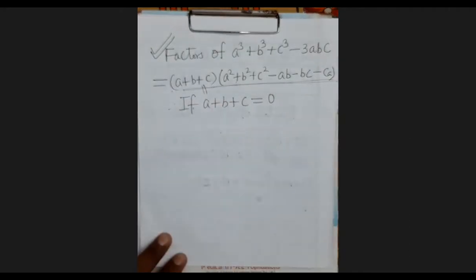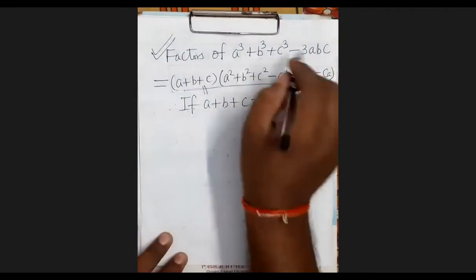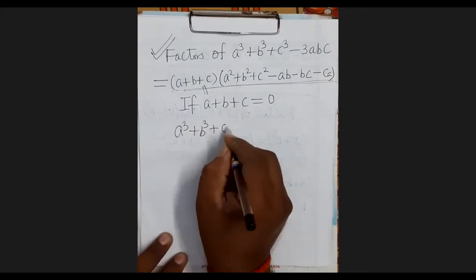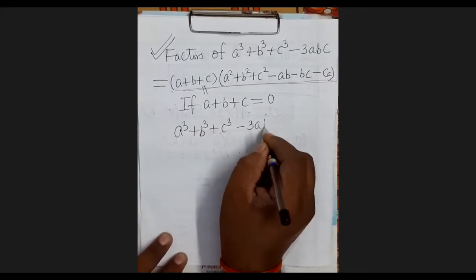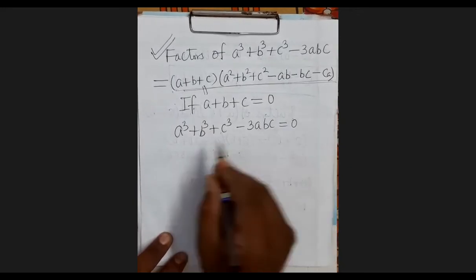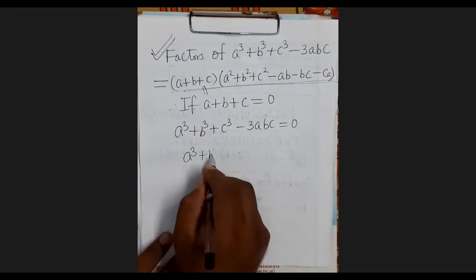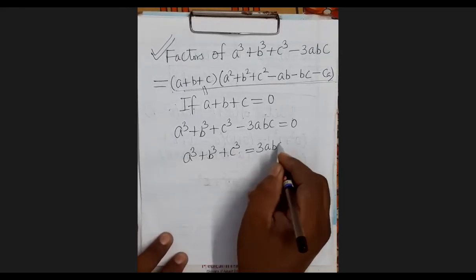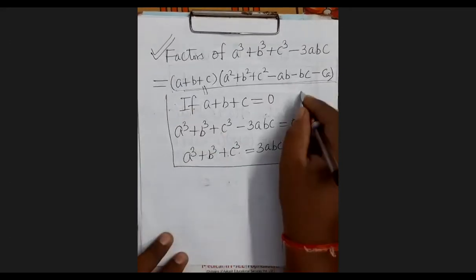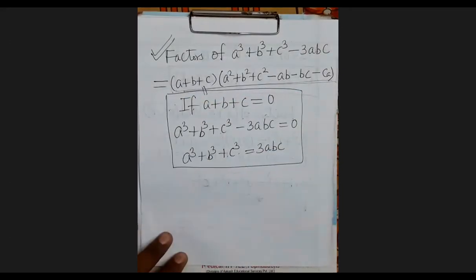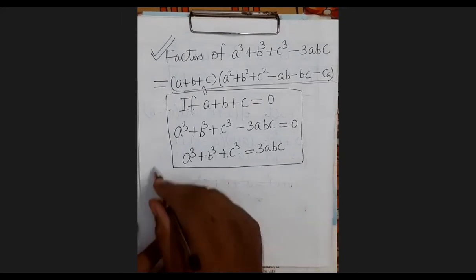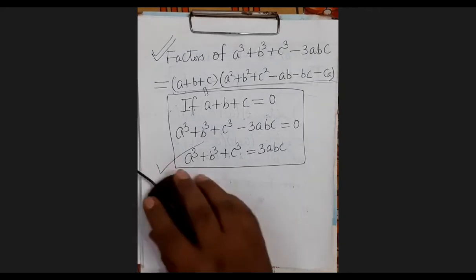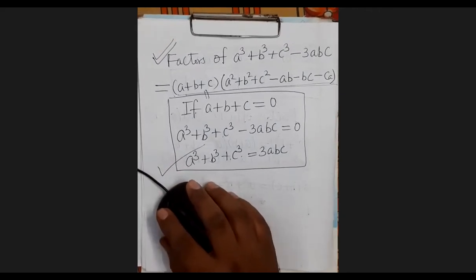So A cube plus B cube plus C cube minus 3ABC will become 0, or we can say A cube plus B cube plus C cube equals 3ABC. If A plus B plus C equals 0, then A cube plus B cube plus C cube equals 3ABC. So now you can see here.